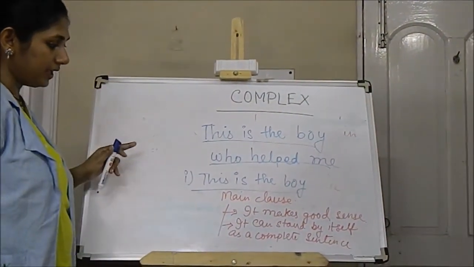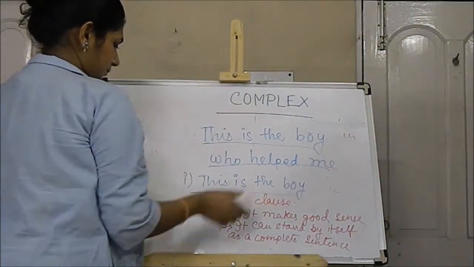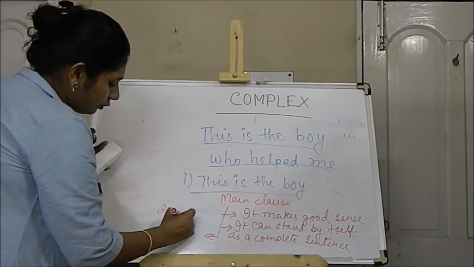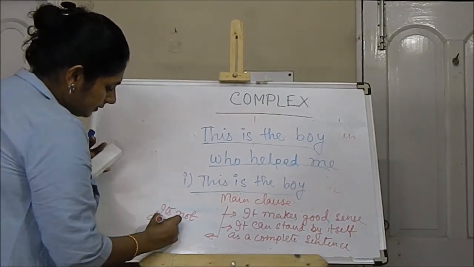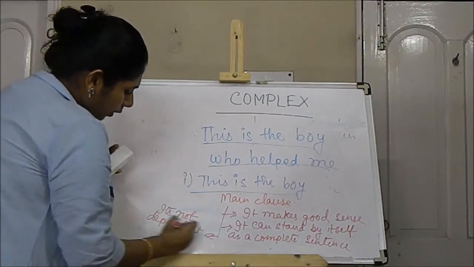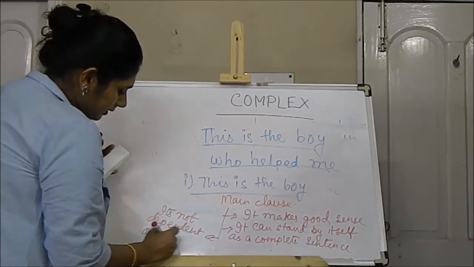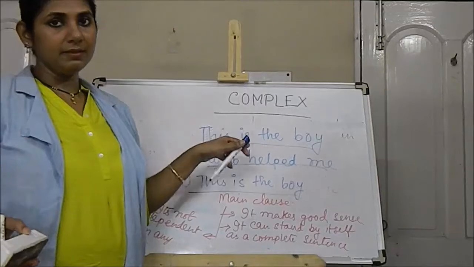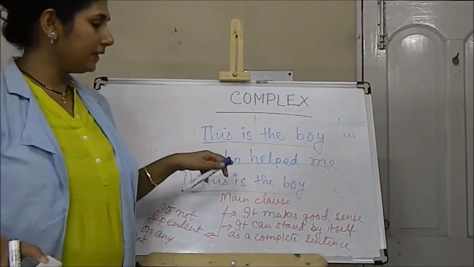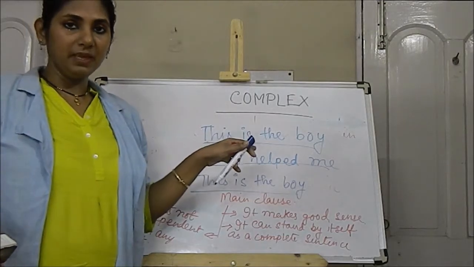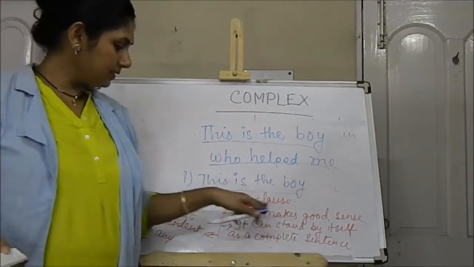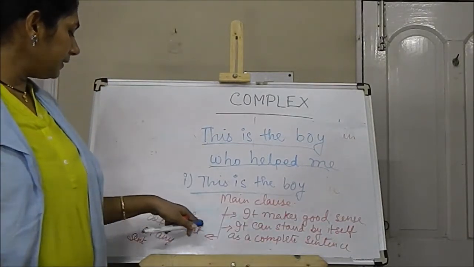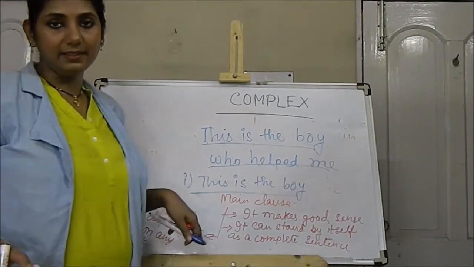And number three, it's not dependent on any sentence. So I have repeated the points which I told in compound sentence. What are the characteristics of the main clauses? It makes good sense. It can stand by itself as a complete sentence, and it's not dependent on any sentence.